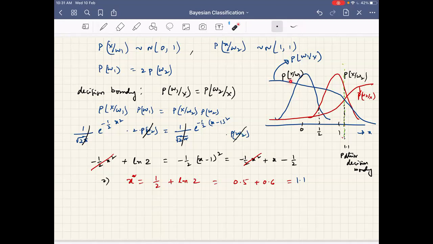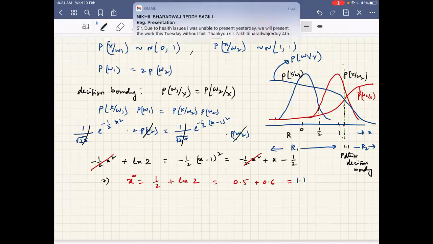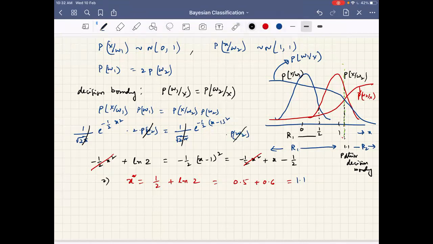In this region, we know that P of omega 1 given x is very high. That's why the decision region now with posterior, this all comes in R1, and this comes in R2. Whereas if I take the decision with likelihood, this only comes under R1, and this comes under R2.